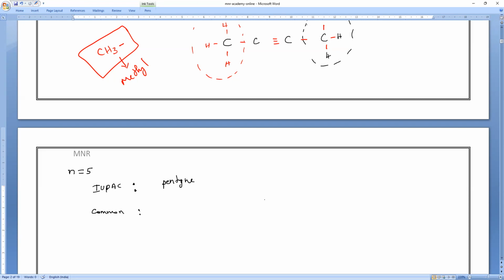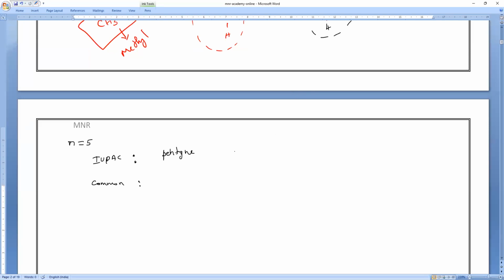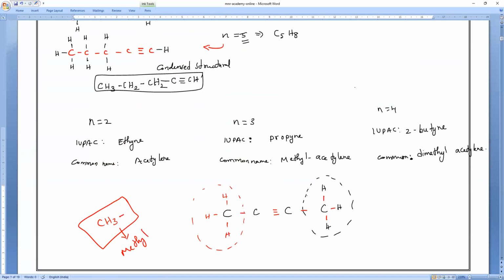Understand? Yes, sir. So what is the structure we have drawn for this one? There is a small thing here. I think 5 carbons: CH3, CH2, CH2, C triple bond CH, correct?